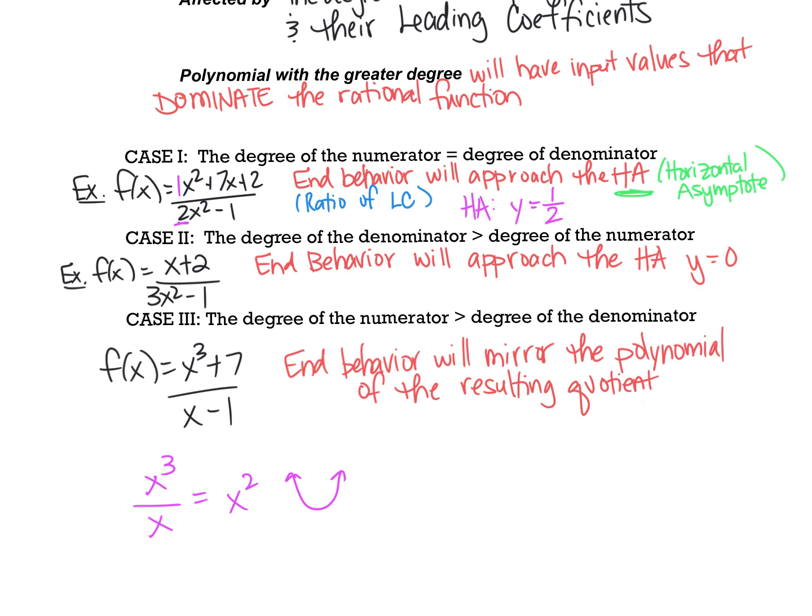Okay, so my end behavior will mirror whatever's happening to this leading term quotient, all right? What does it do? Well, that polynomial, x squared, goes up and up, approaches positive infinity both ways. So this rational function in the end would do the same thing, okay? It's kind of neat how that all plays out. It's this concept of dominance, all right?